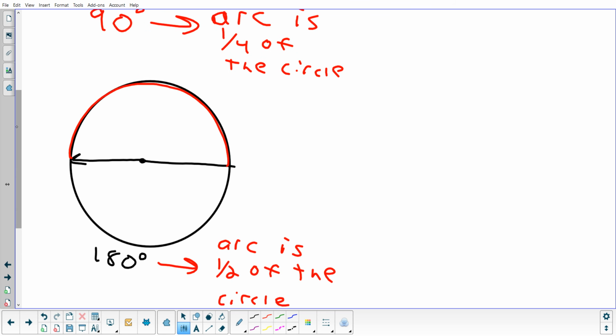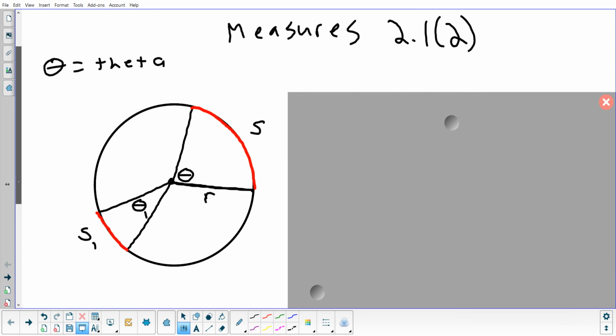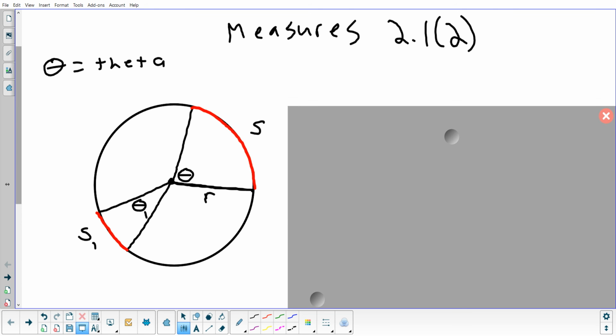So again, that's called proportional. As one thing changes, the other thing changes exactly the same way. And when two things are proportional, like the size of the angle and the size of the arc, we can set up what is called a proportion to try to solve the problem. A proportion is just two fractions equal to each other.